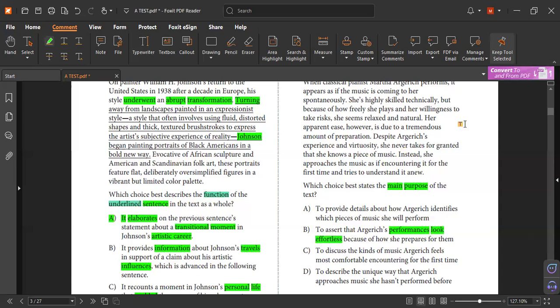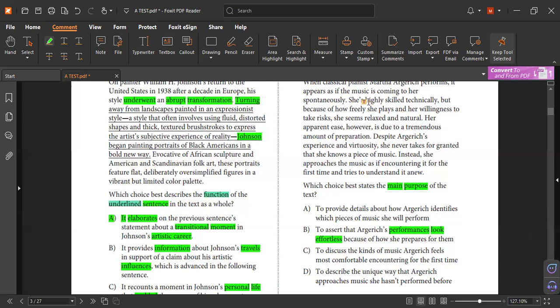What is that? He talked about how she looks, how it looks like the music is coming to her, and later said that this is because she practices. Let me look for it.